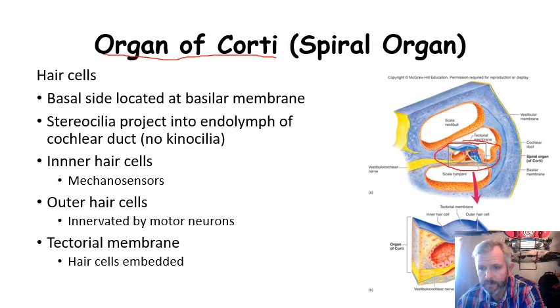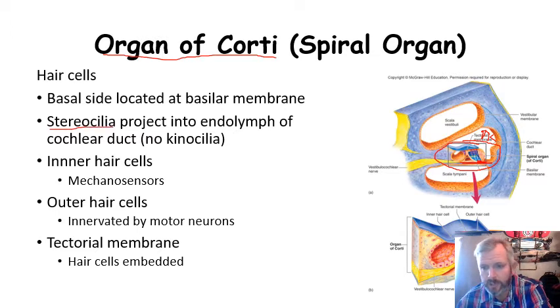We've got our endolymph, high in potassium, housed in this cochlear duct. The hair cells are attached to the basal side here. There's a basilar membrane, which makes up the bottom portion of the duct here.